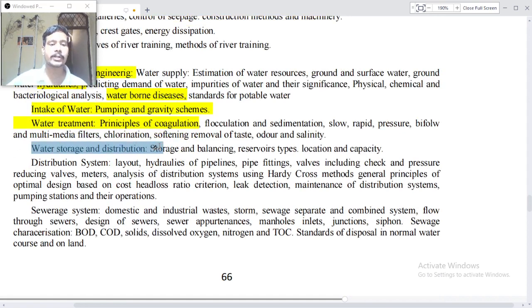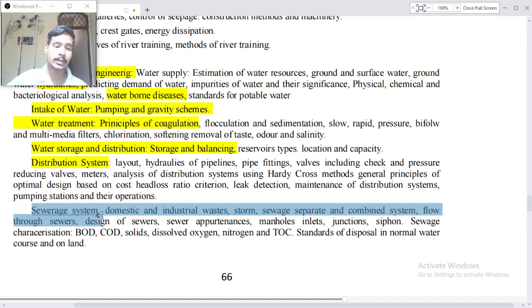Water storage and distribution, storage and balancing, reservoir types, location and capacity, distribution system layout, hydraulics of pipelines, pipe fittings, valves including check and pressure reducing valves, meters, analysis of distribution system using Hardy-Cross method, general principles of optimal design based on cost, head loss ratio criterion, leak detection, maintenance of distribution system, pumping stations and their operation.